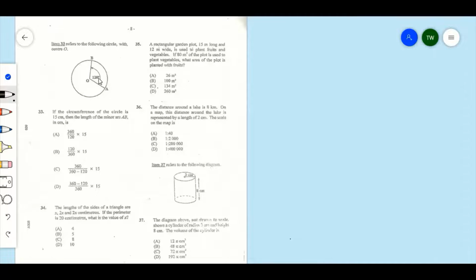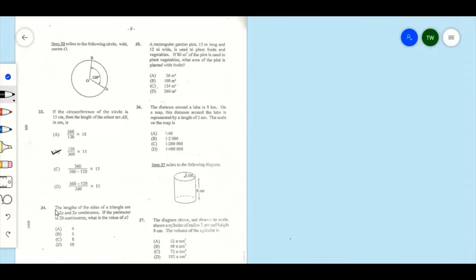Now we know that the minor arc is going to be a fraction of the entire circle. So our answer is going to be 120 out of 360 times 15. So our answer for this one is going to be B.